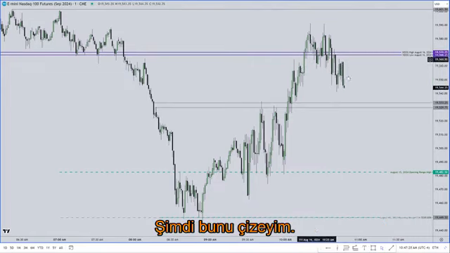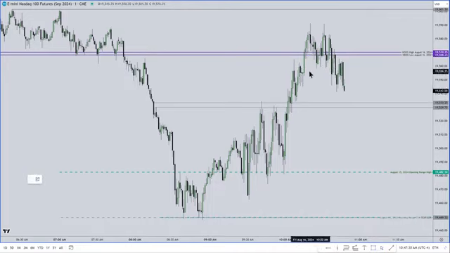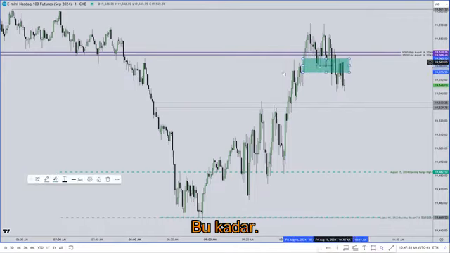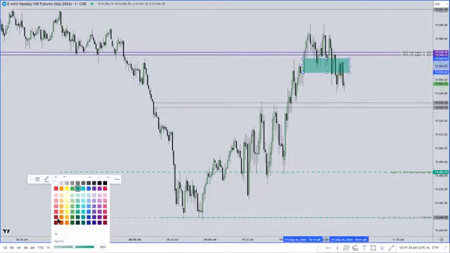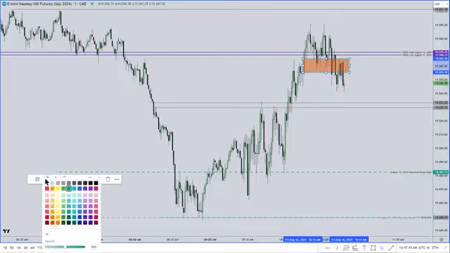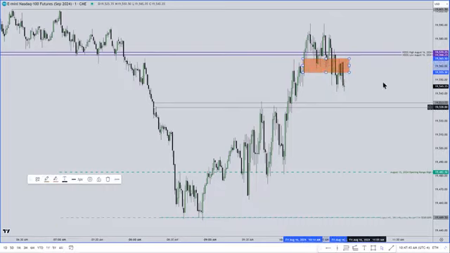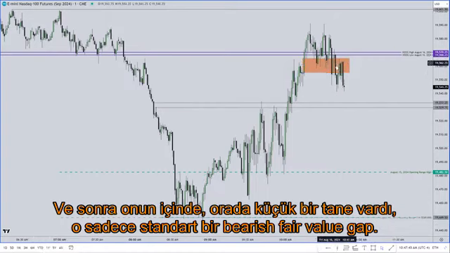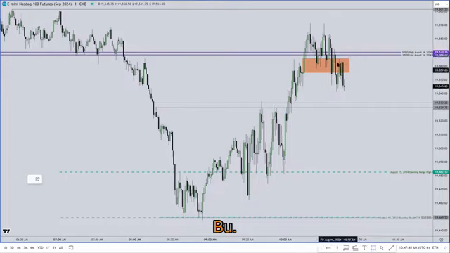Now, let me draw it out. See it? And then inside that one, we have this small one there, which is just a standard bearish fair value gap.